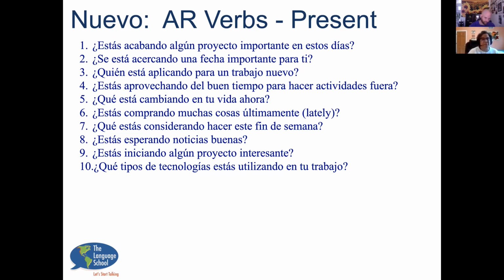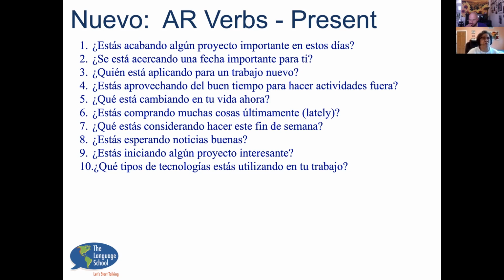Okay. Bien. ¿Qué tipos de tecnologías estás utilizando en tu trabajo? Let's see. Estoy utilizando el programa de las idiomas.